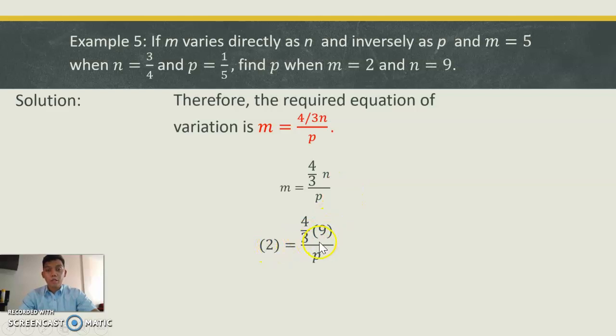So if your m is 2 and your p is missing, you just have to interchange these two. So 4/3 times 9, this is just 4 times 9, 36. Divide by 3 is 12. So p is equal to 12 over 2 since we interchange p and 2. So therefore, p is equal to 6.